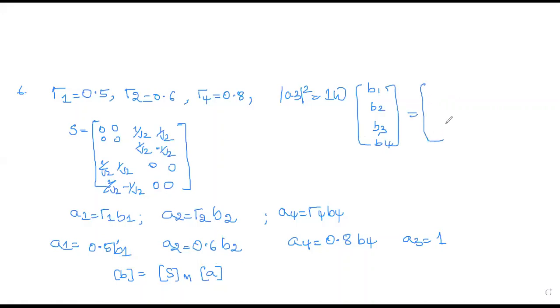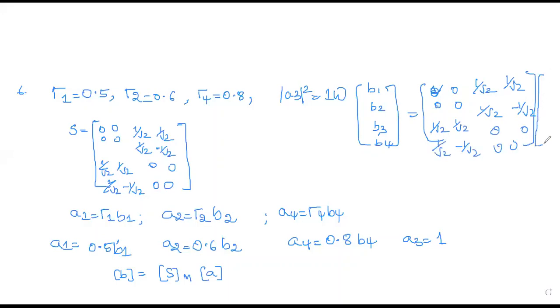Similarly, S matrix, you know it is 0, 0, 0, 0, 0, 1 by root 2, 1 by root 2, again 1 by root 2, minus 1 by root 2. This is again 1 by root 2, 1 by root 2, 1 by root 2, minus 1 by root 2, 0, 0, 0, 0. Along with that, you have to write the A matrix.